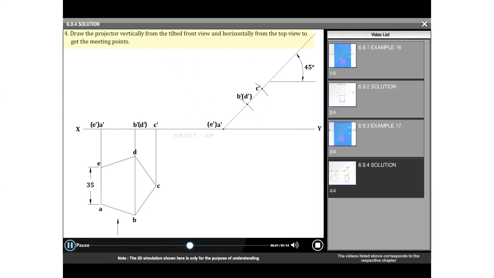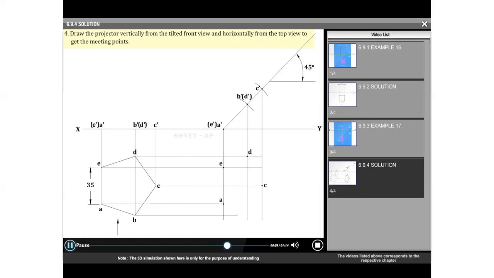Draw the projectors vertically from the tilted front view and horizontally from the top view and get the meeting points. Complete the final top view and darken the front view and top view.